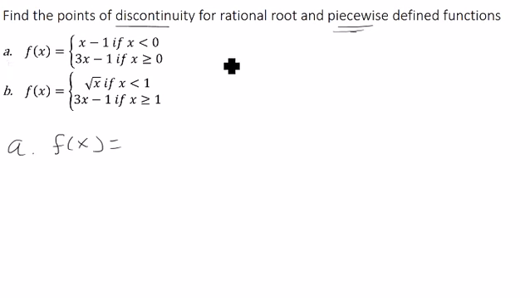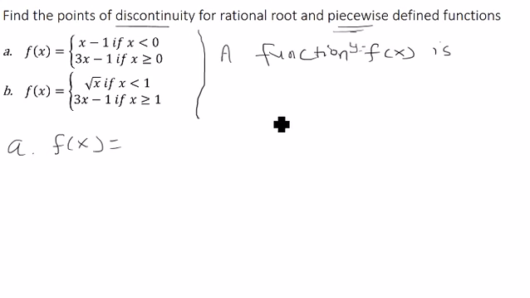So in this case we have to recall the definition of the continuity of a function. A function f of x is continuous at a point x equals a if all three conditions are true.